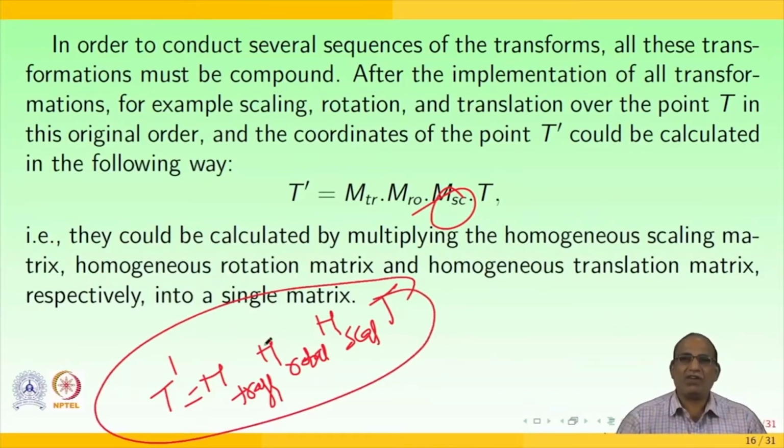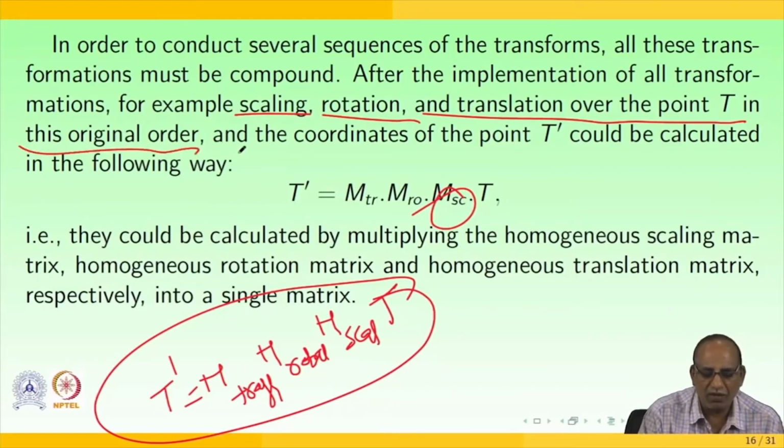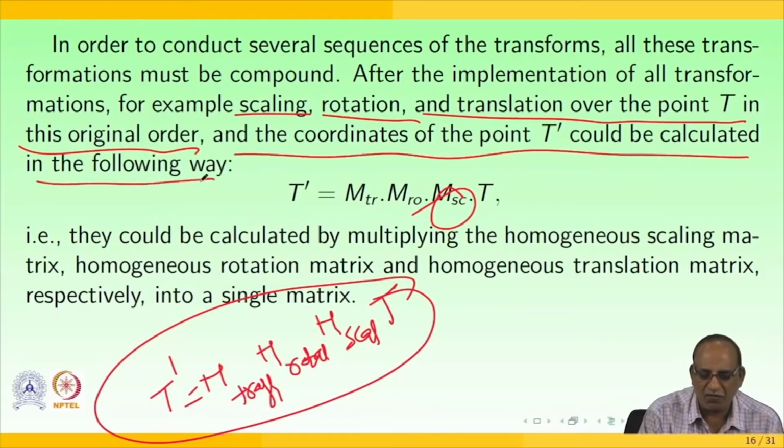So in order to conduct several sequences of transformations, all these transformations must be compounded. After the implementation of all transformations, for example scaling, rotation and translation over the point T in this original order, the coordinates of the point T prime could be calculated in the following way.